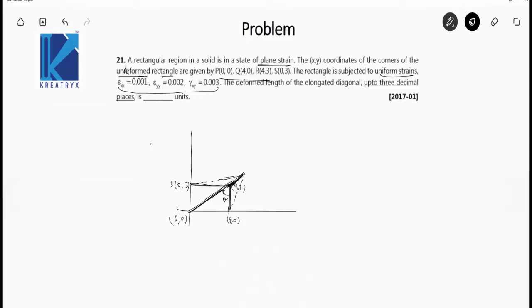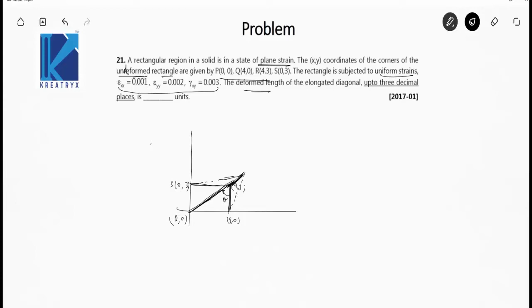Because if we find the strain on this diagonal, we can actually calculate the deformed length, because the strain on the diagonal will be equal to the change in the length of the diagonal upon the original length of the diagonal. So from this equation we can find the deformed length of the diagonal, and hence the elongation in diagonal, and hence the deformed length of the elongated diagonal.